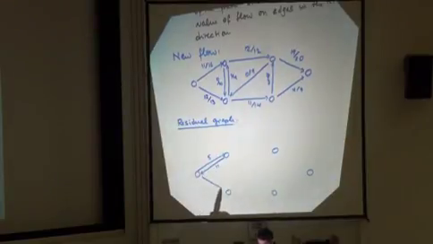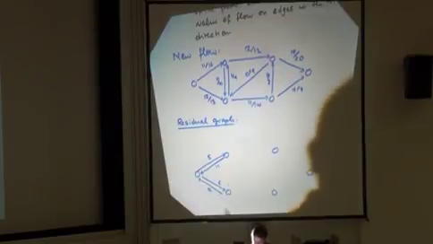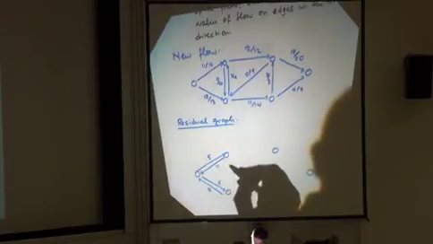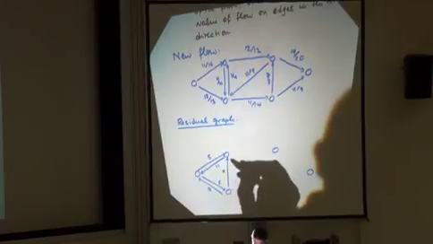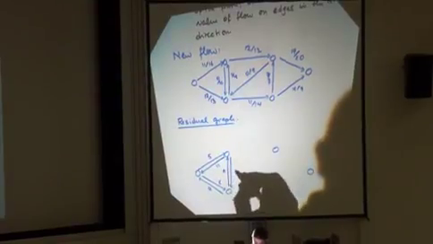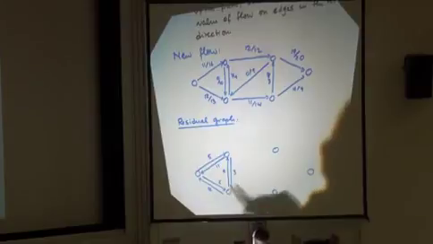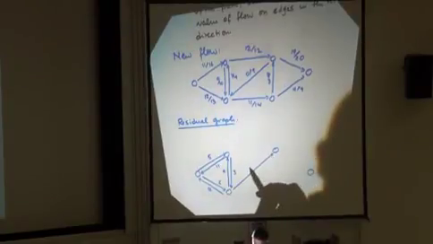Here the capacity of the forward edge is 1. That of the backward edge is 12. Same way here, the capacity of the forward edge is 11. Backward edge is 3. Here we have, in this direction, 9.